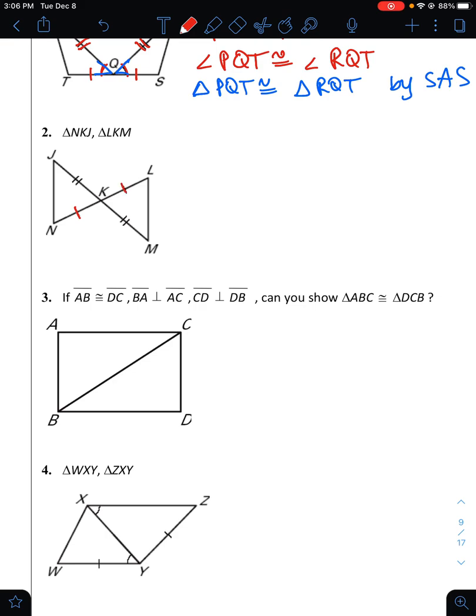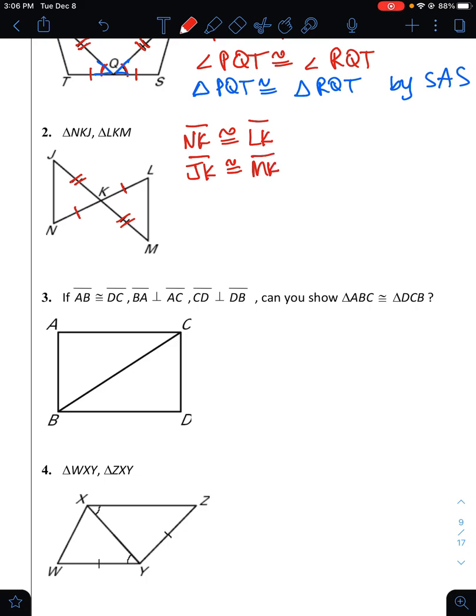Okay, second one. I see a set of sides. I see that segment NK is congruent to segment LK. And then I've got another set here, the double marks. Segment JK is congruent to segment MK. Those are just given.